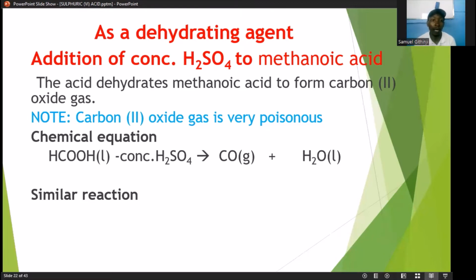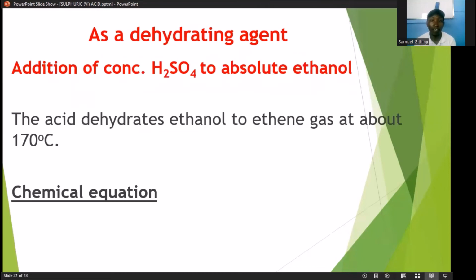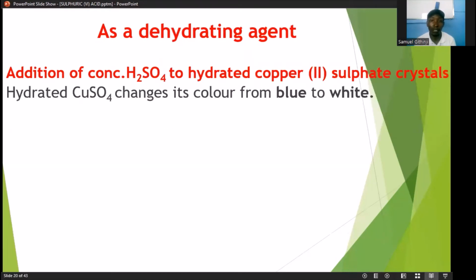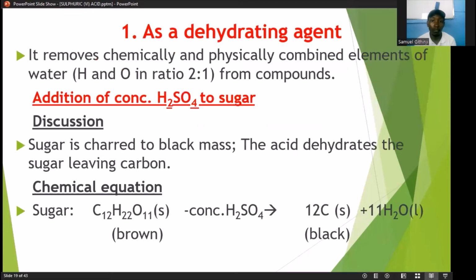Maybe we can go back to where we were talking about sugar, where we were dehydrating sugar. This is also a reaction that should not be tried.